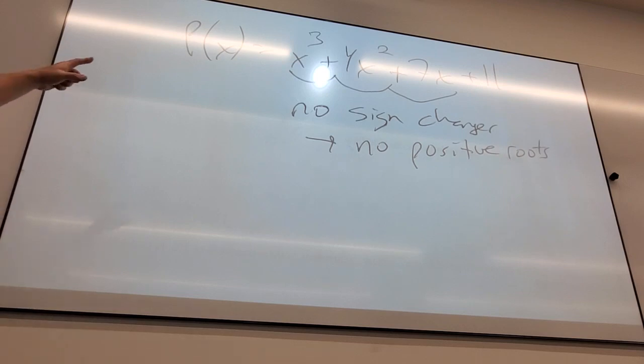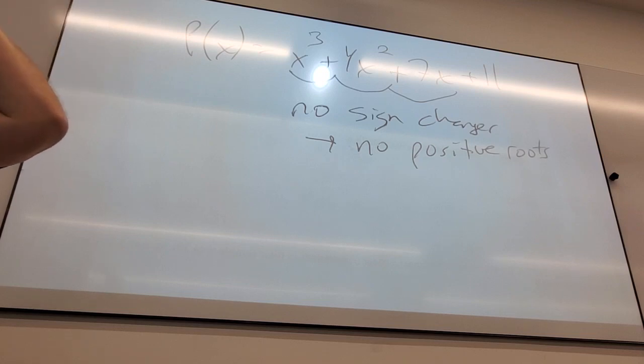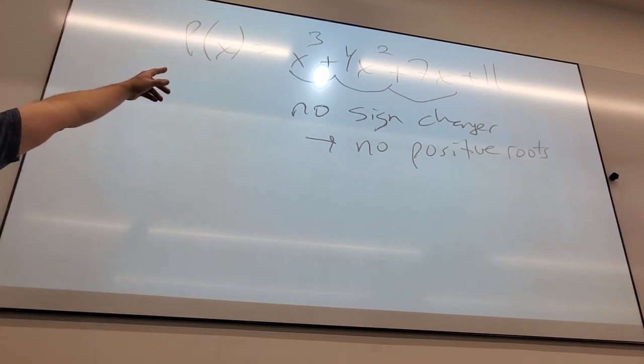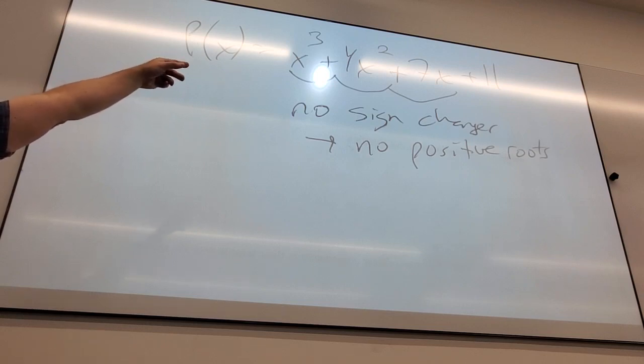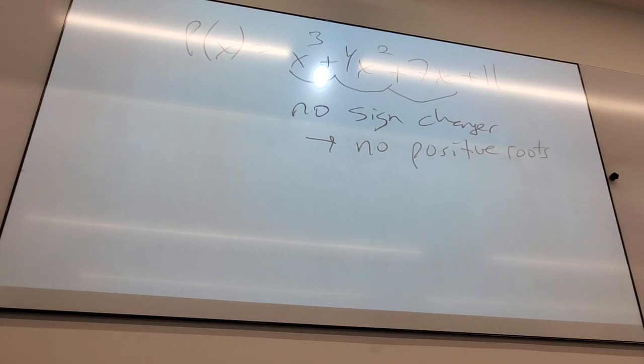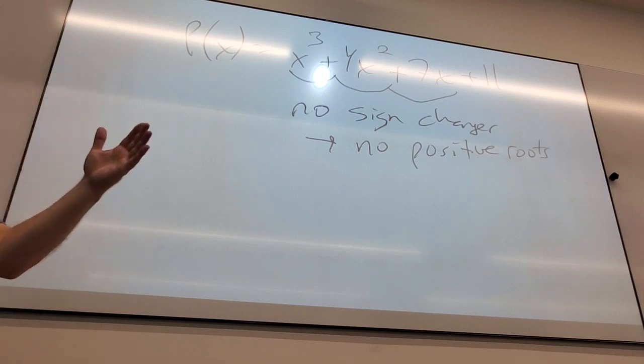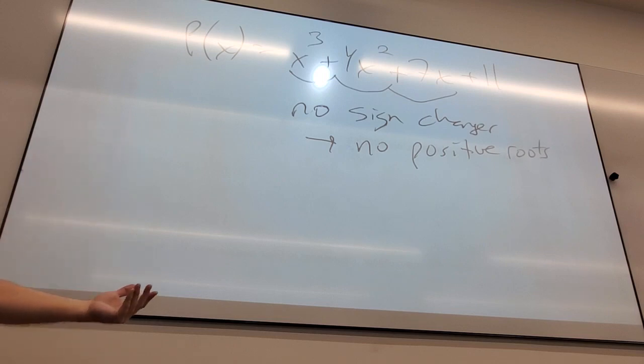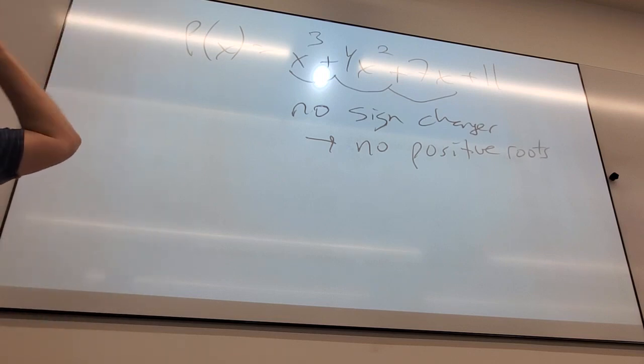If I put a positive number in, there's no way it's going to come out to 0. In fact, can anyone tell me what is the smallest output I could possibly get for any positive input? I love that question. Of course you would, Jeff. 11, exactly. The smallest output I could possibly get is 11.